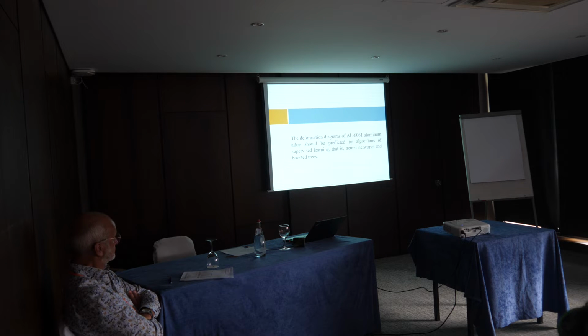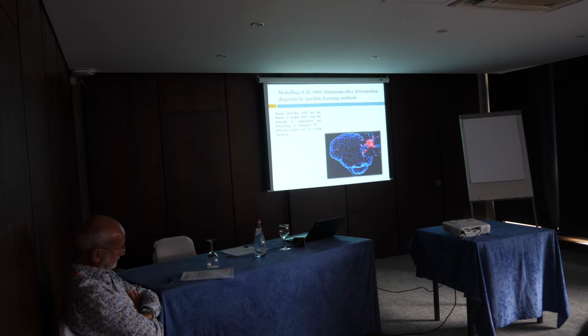Many scientists apply various methods of machine learning to solve problems in fracture mechanics, in particular to predict the fatigue crack rate. So the deformation diagram of 6061 aluminum alloy should be predicted by the algorithm of supervised learning, that is, neural networks and boosted trees.